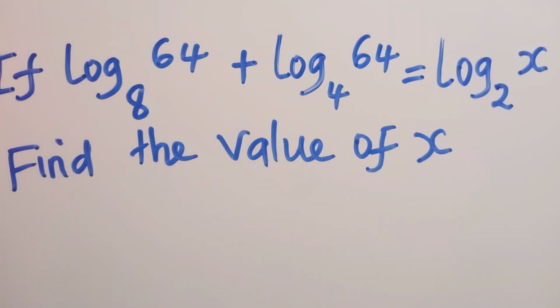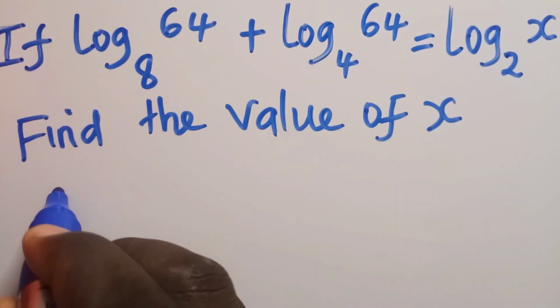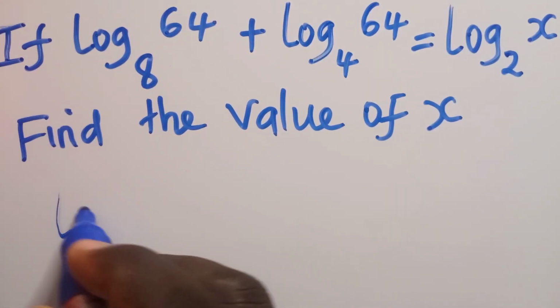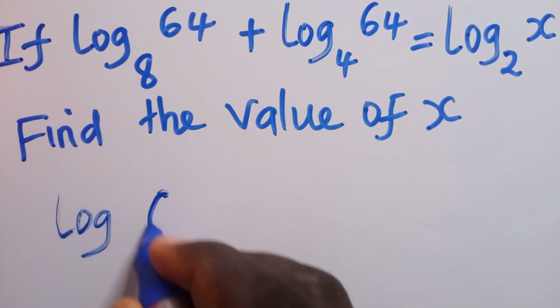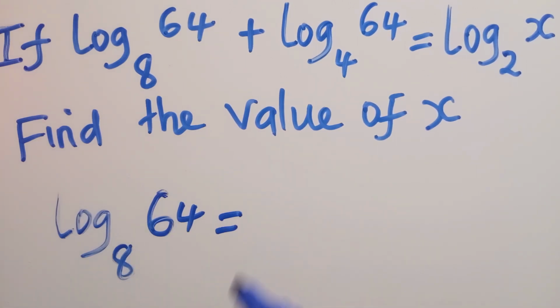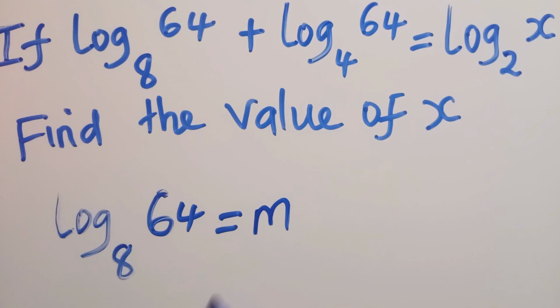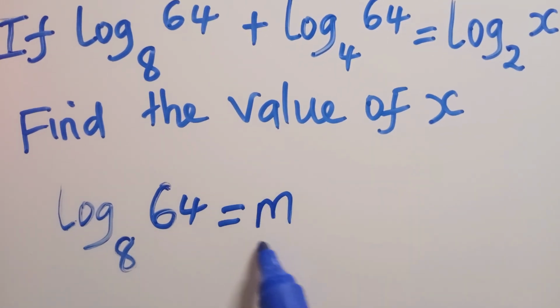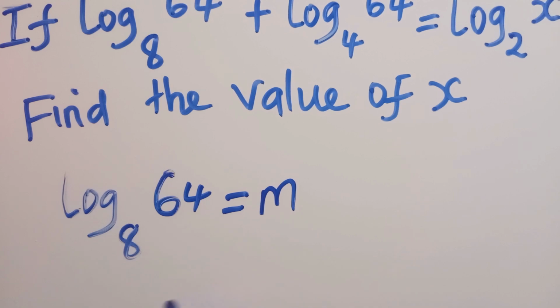Now, let us begin with this one. We have the logarithm of 64 base 8 equals, let's say, m. We need to find the value of m by writing this in index notation.